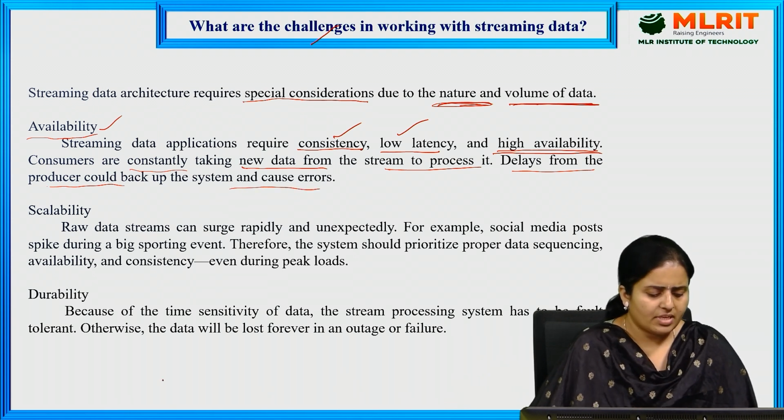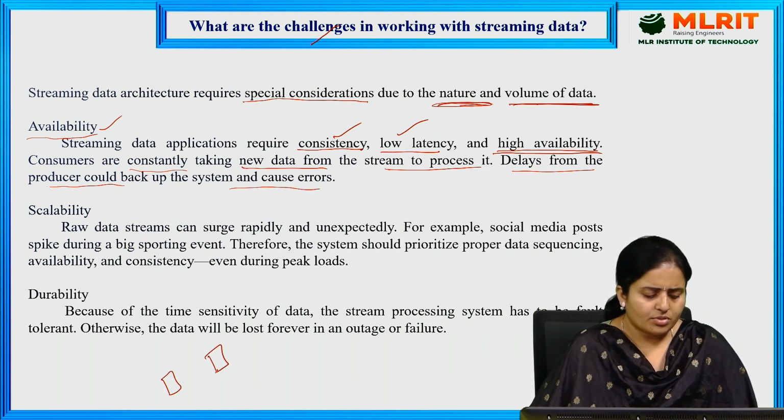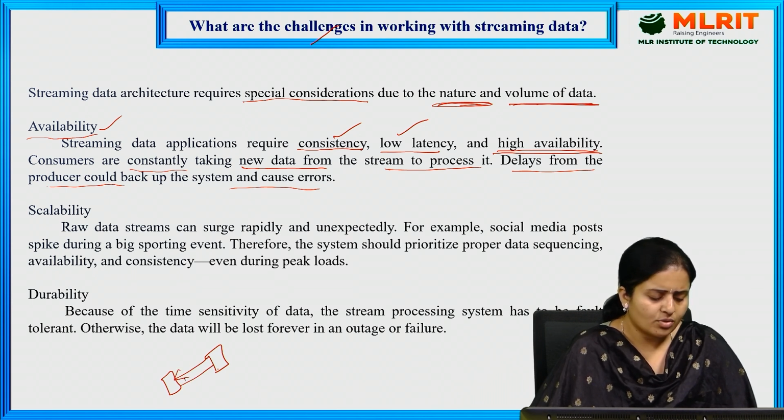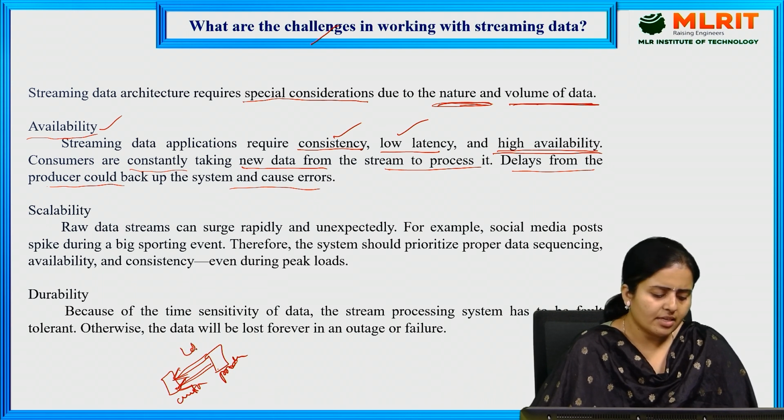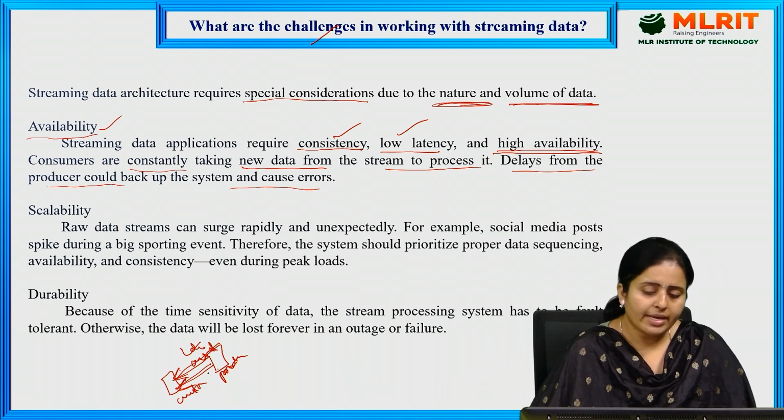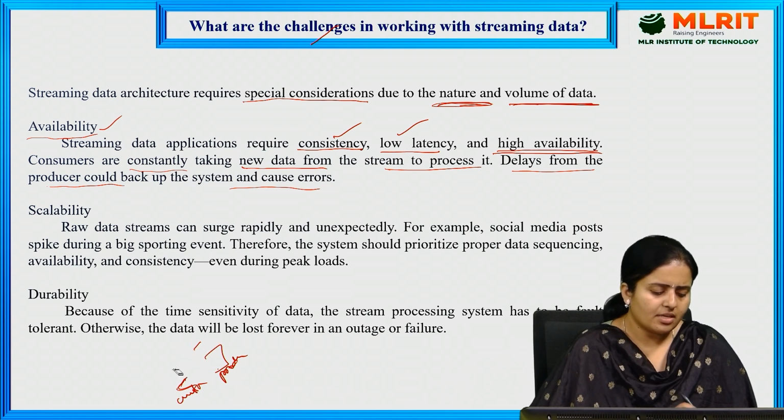If there is a consumer and a producer, the consumer has to get the data and the producer has to produce the data continuously, without any latency or inconsistency. And the high availability of data also needs special planning.